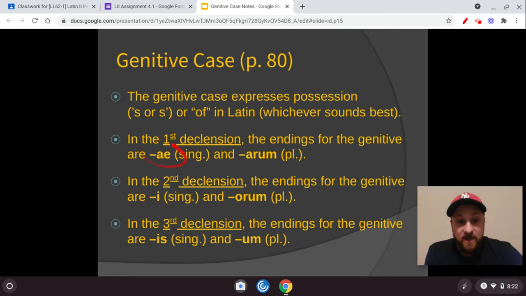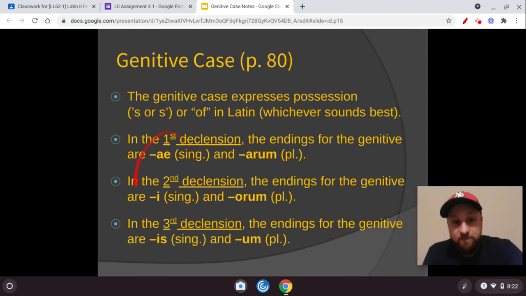So feminae can mean, like we learned in stage 5, the women, plural, more than one, doing the action, as well as of one woman, or the woman's, apostrophe S. Same thing here, right? Domini can mean the masters as the subject of the sentence, nominative plural, but it can also mean genitive singular, of one master, or the master's, apostrophe S.